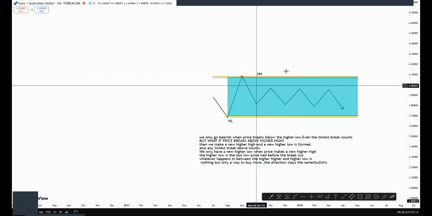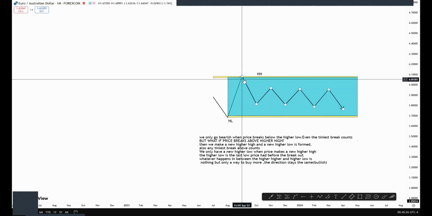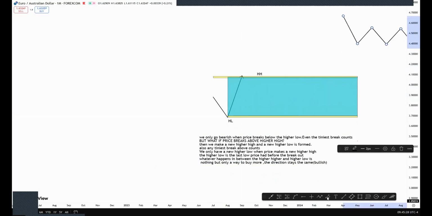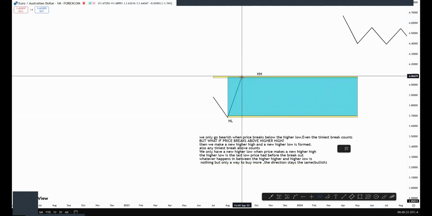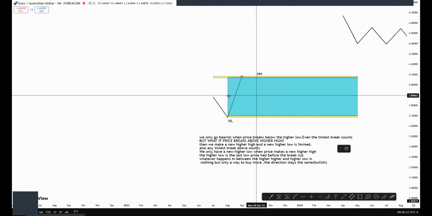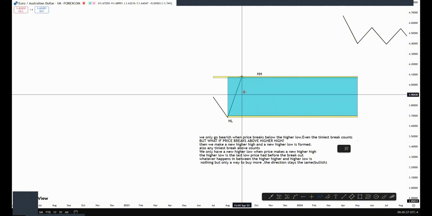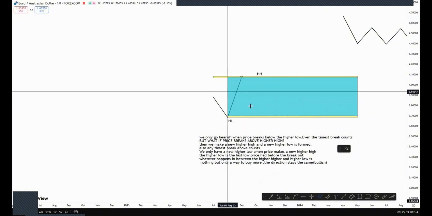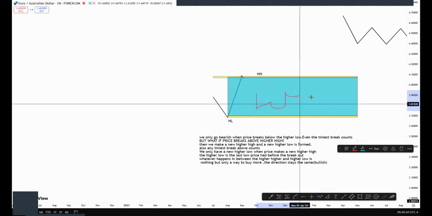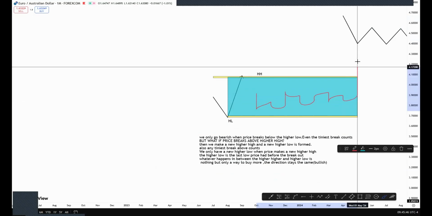Whatever happens between this level here, whatever happens in between this rectangle, nothing. We don't have to worry about anything. You only use this space to look for ways you can buy more that would lead to a break above.